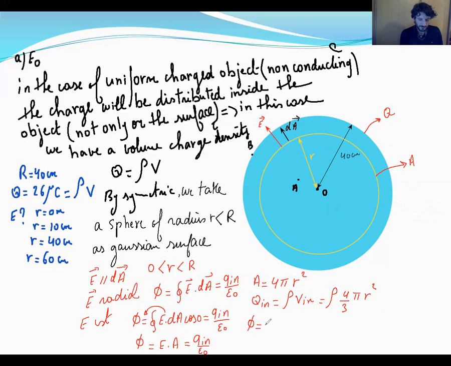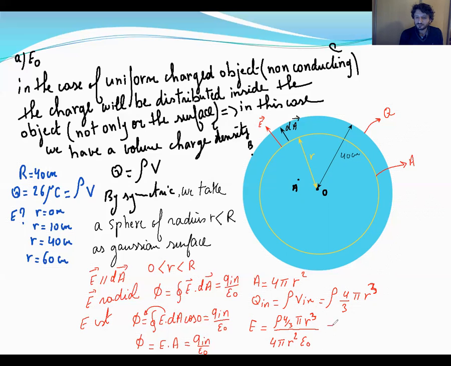We get, I want to calculate E. E equals Qn, rho 4 over 3 pi r cube, divided by A, equals 4 pi r square times epsilon. Here we have r cube, and here r square.